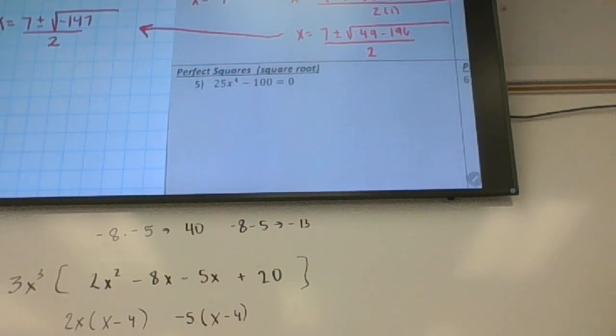And does that guy simplify at all? 49? Sure, look at those numbers. It should be 7 times square root 3. Why are we dividing and then multiplying?